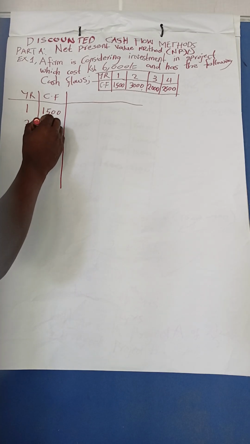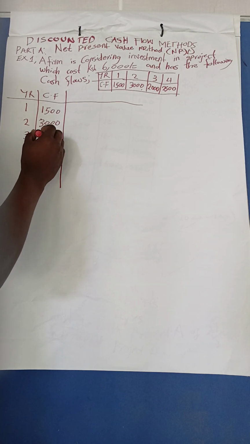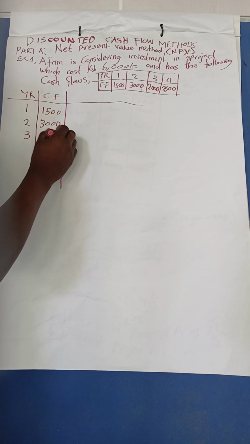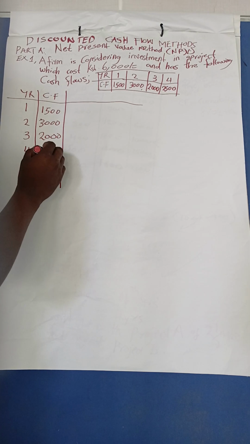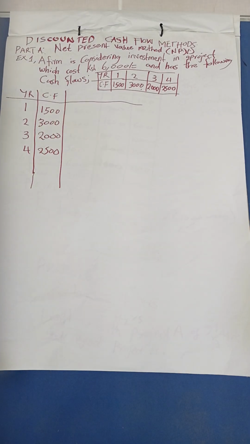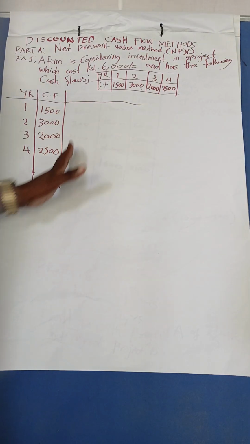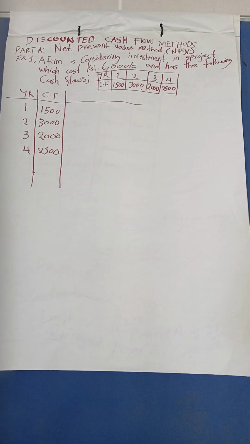Year two, we have 3,000. Year three, we have 2,000. Year four, we have 2,500. So you may get a question where your work has been arranged in a different way, but if it has, just put it in this format so that you can add other columns here.